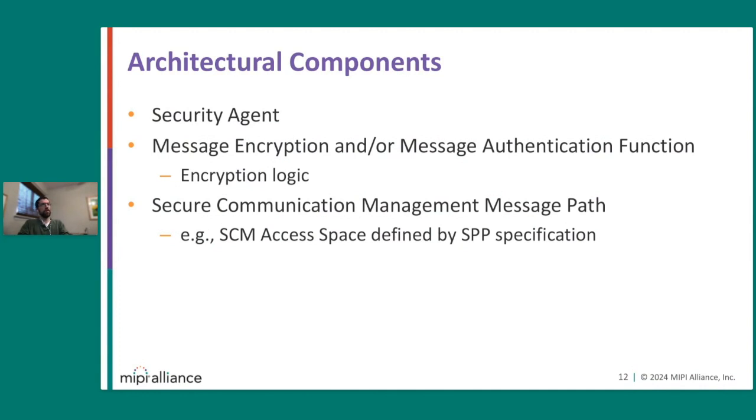So we have three architectural components here. We have a security agent. We have our message encryption or message authentication function, which is like our encryption logic for the messages going back and forth. And then we have our secure communication management message path. This would be like the SCM secure communication manager access space, which is already defined in the SneakPeek specification.